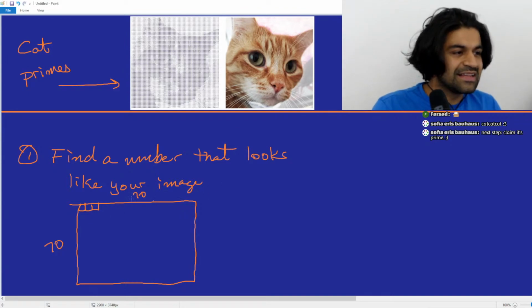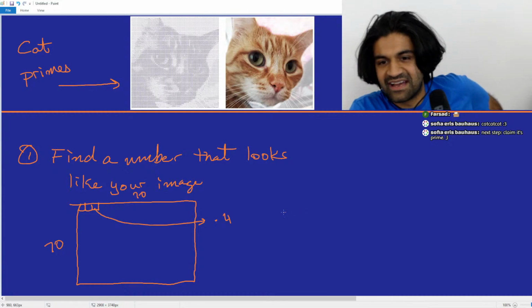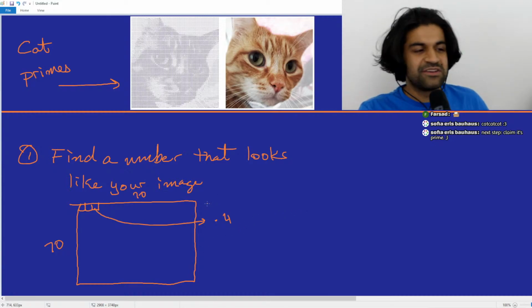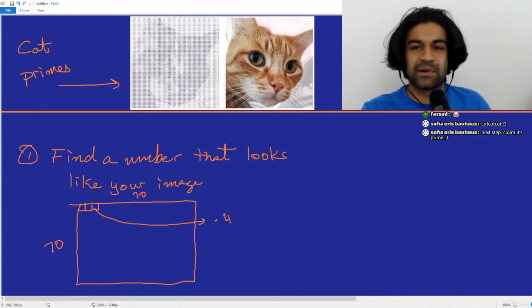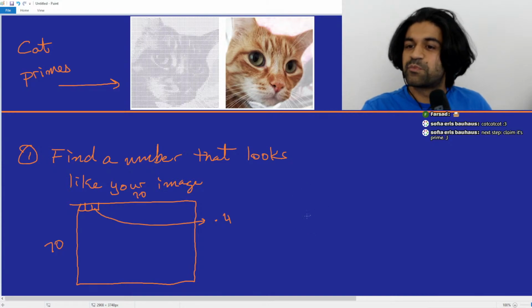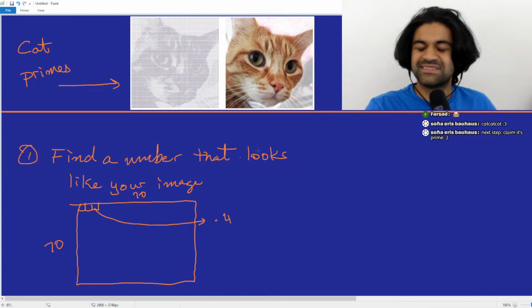Let's say this pixel has a brightness of like 0.4. What you want to do is find a number so that if you were to draw the number as an image, its brightness is as close to 0.4 as possible, okay? So that's the second part.